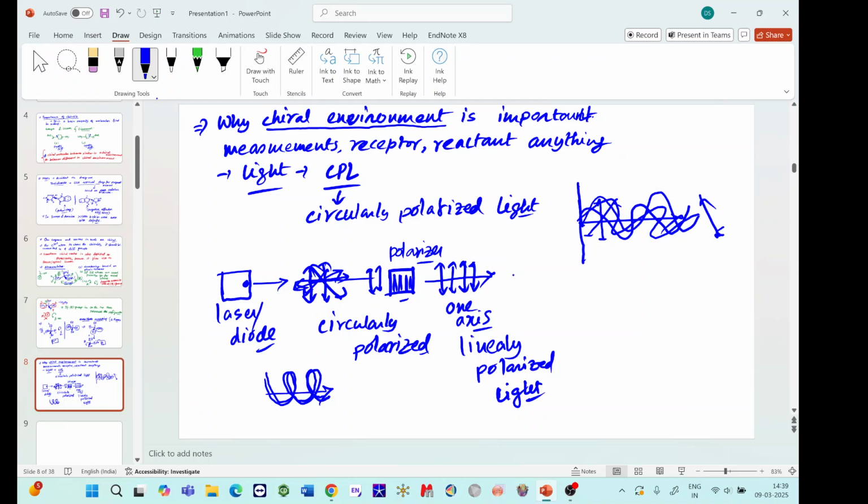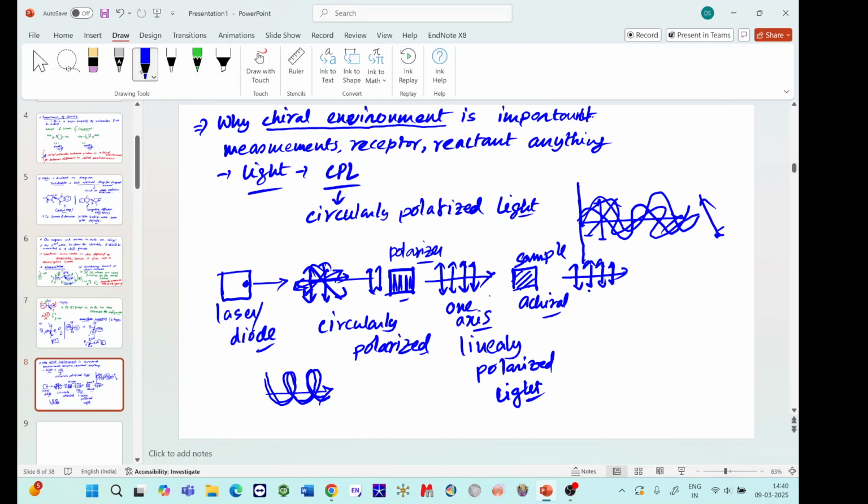So this you pass through your sample. This is your sample. Normally, if your sample is achiral, the light transmitted will have the same plane. Incident and transmitted light will have the same plane.